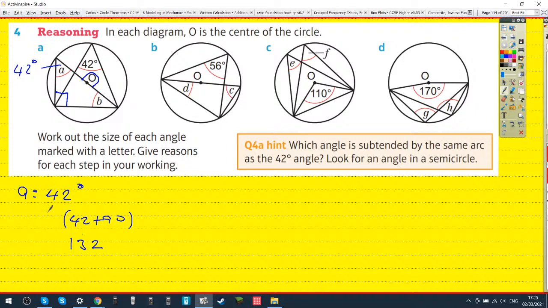So B is, is it 42 degrees? I mean 48 degrees. 48, yeah. 180 minus that equals B equals 48 degrees. Okay, question B.